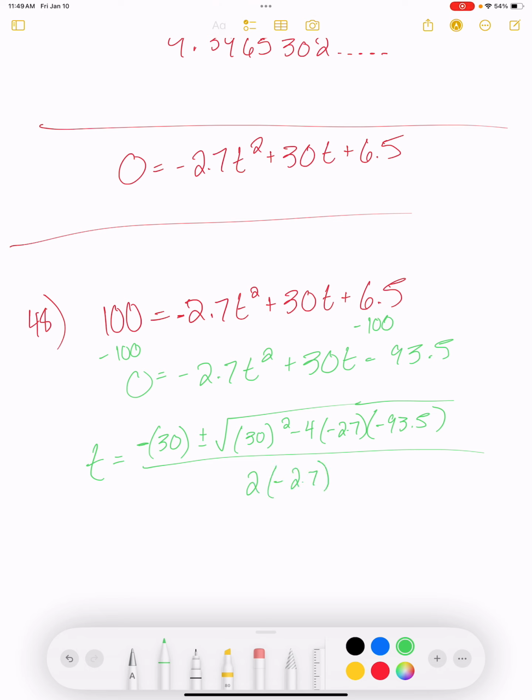And then I'm putting that in my calculator. Negative 30, plus this time the square root symbol, and I'm saying 30 squared. Remember, if you had a negative and you didn't put it in parentheses, then you would be wrong, right? If it was negative 30 squared and you just said negative 30 squared without parentheses, you'd get it wrong.